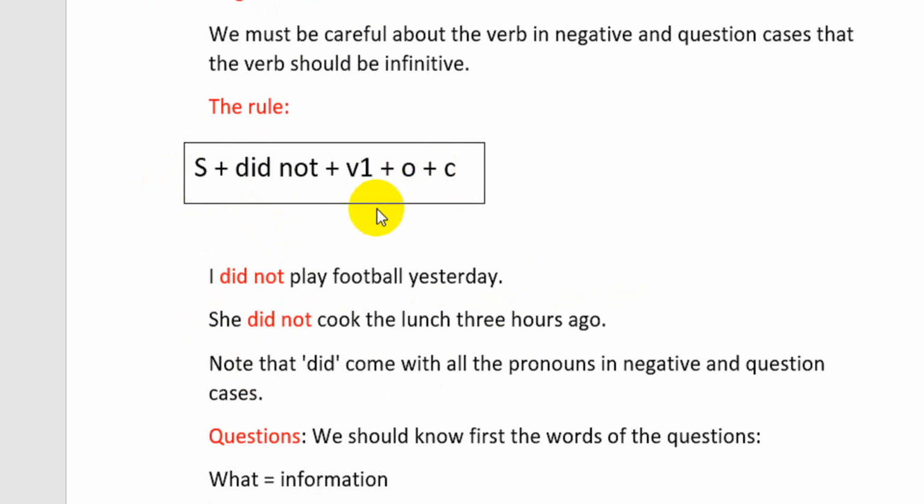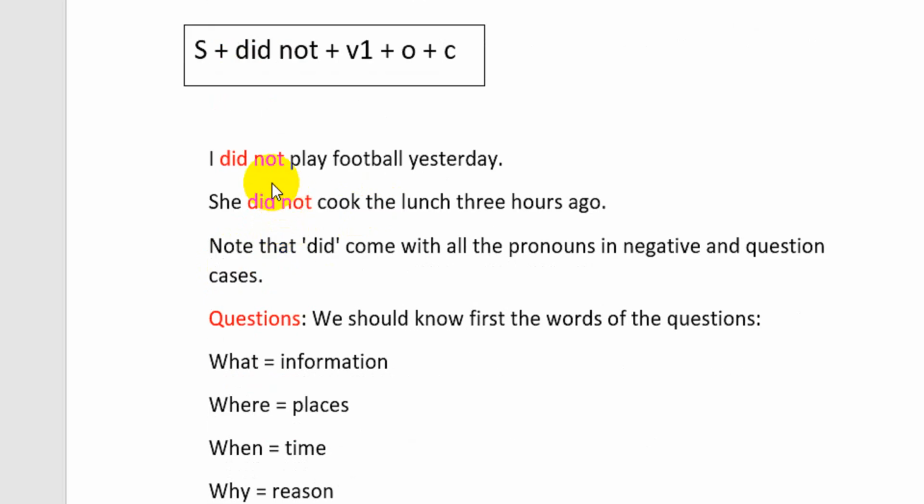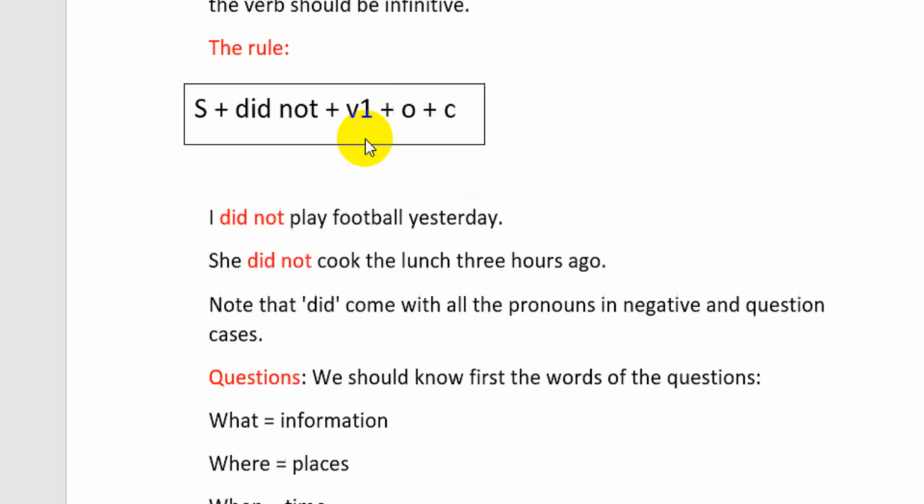So what is the difference? The difference that I put only the verb did with not. Okay, just look at the sentence here. I did not play football yesterday. She did not cook the lunch 3 hours ago.